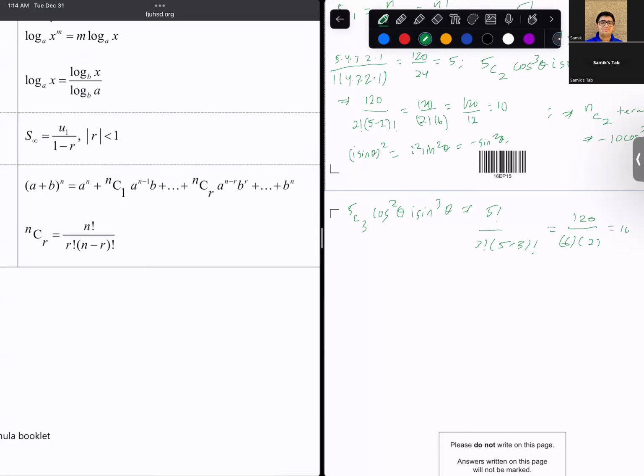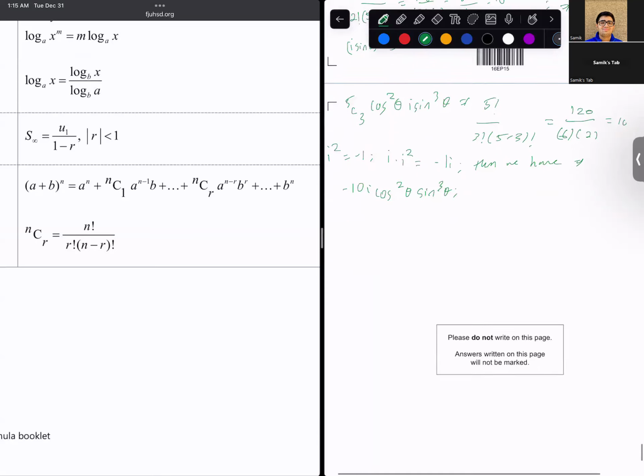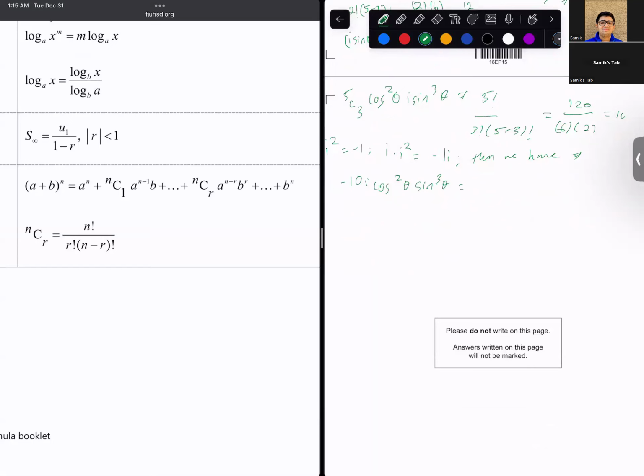And then we have i cubed. So we have i squared, which is -1, multiplied by another i, equals -i, right? So then we have -10i cos^2 theta sine^3 theta, which is our nC3 term.